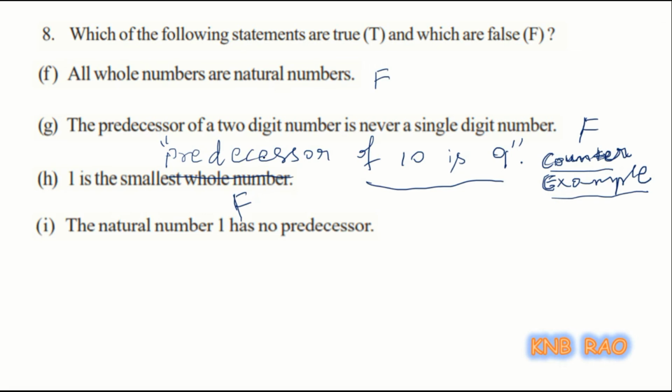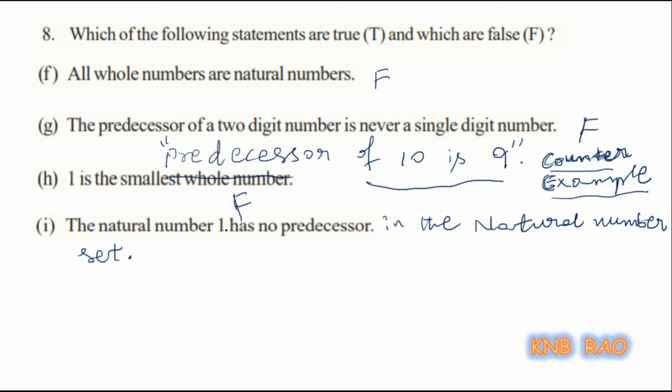The natural number 1 has no predecessor. This is true provided we are in the natural number set. The natural number 1 has no predecessor in the natural number set. This must be the full sentence.